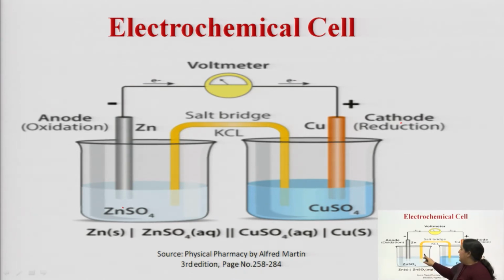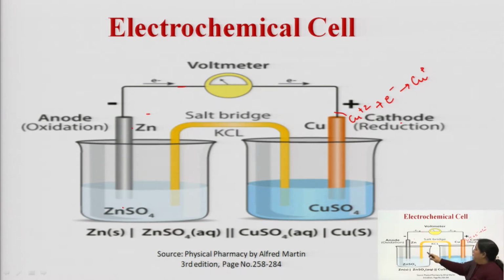So, what will happen is that at the zinc electrode, electrons will be released by zinc, and the electrons will move through this wire and come to this electrode, and here you will find Cu2+ ions, and they will react with the electrons to make copper, right.